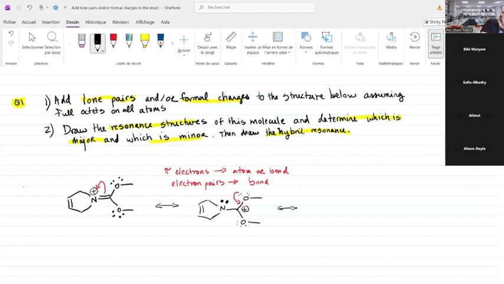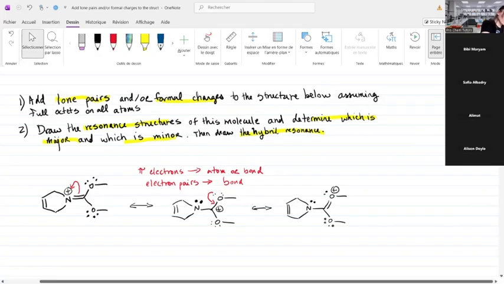So if we draw that structure, one of the lone pairs still remains on the oxygen, and now this oxygen will have the positive charge.